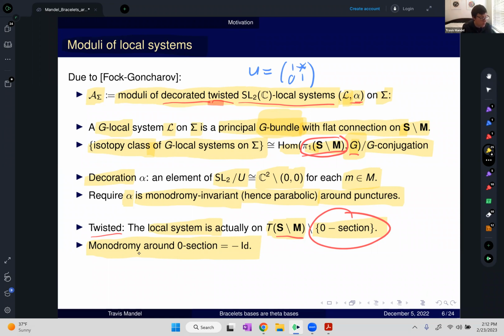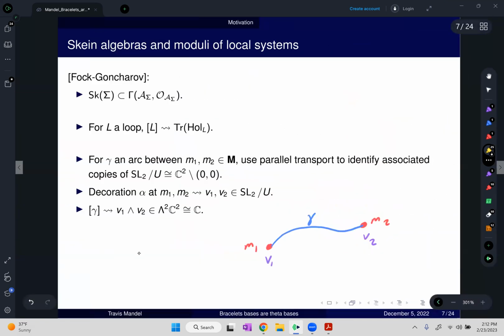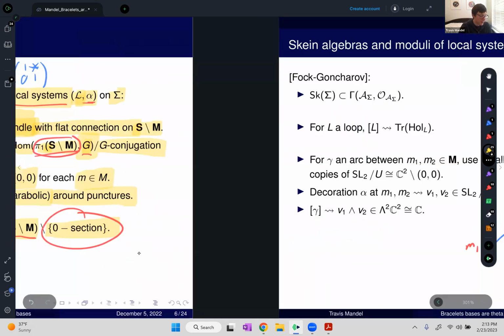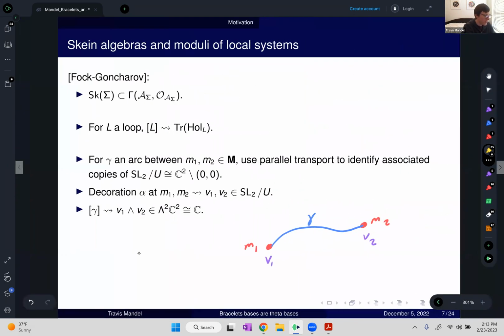All right, I think what's going on, I shouldn't say alpha is parabolic. I should say the monodromy around the puncture has to be parabolic in order for a monodromy invariant element here to exist. Cool, thank you. No problem. Okay, I should move on because I'm just going to get confused trying to remember what happens here.